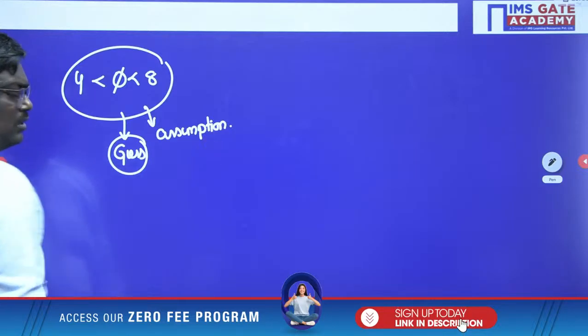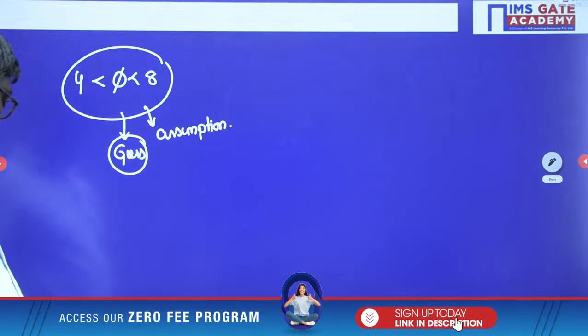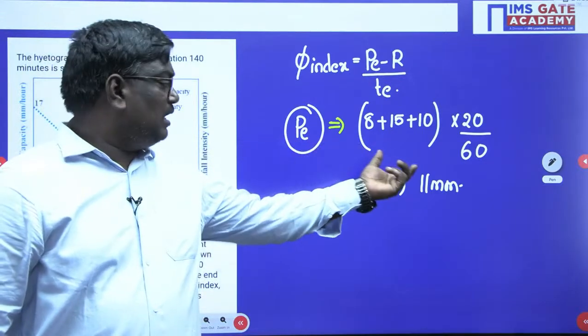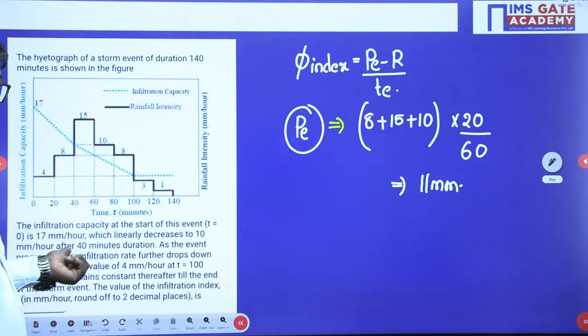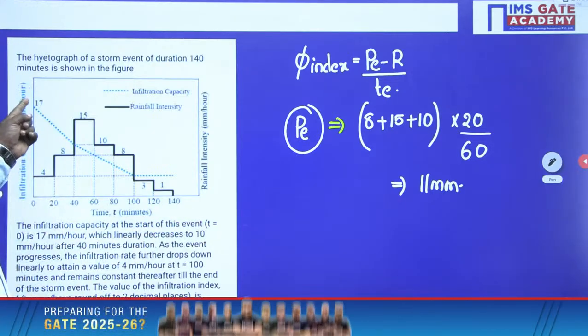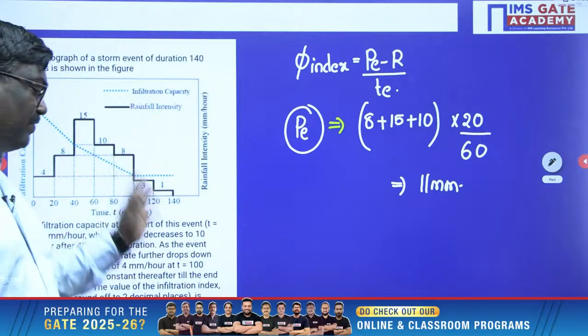Now see, students. If you see, what is the overall precipitation, sir? 11 mm. Now we know the infiltration capacity at the start of the event is 17 mm per hour. Here they have given all the different values.